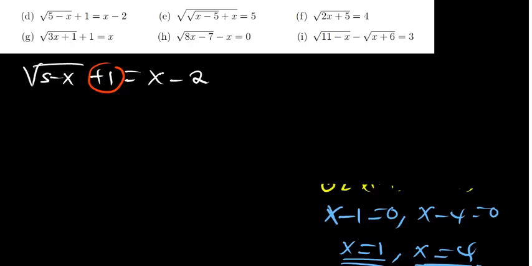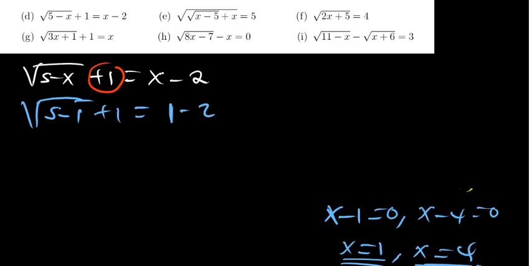So let's see. Is this true? We have got the square root of 5. Let's put 1 where there's x. Plus 1 is equal to, let's put 1 minus 2. So what is the square root of, this is going to give me 5. 5 minus 1 is 4. What is the square root of 4? It is 2. 2 plus 1 is going to give me 3. So here I've got negative 1.